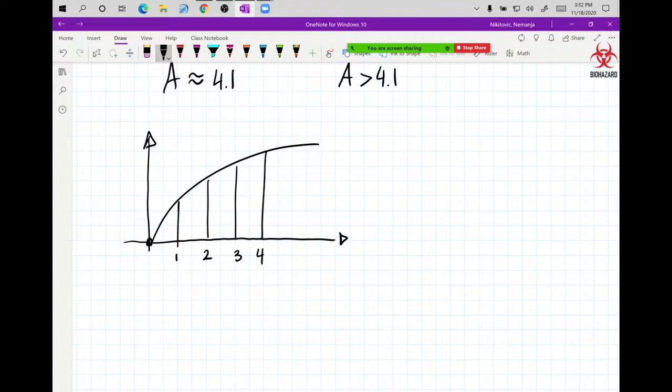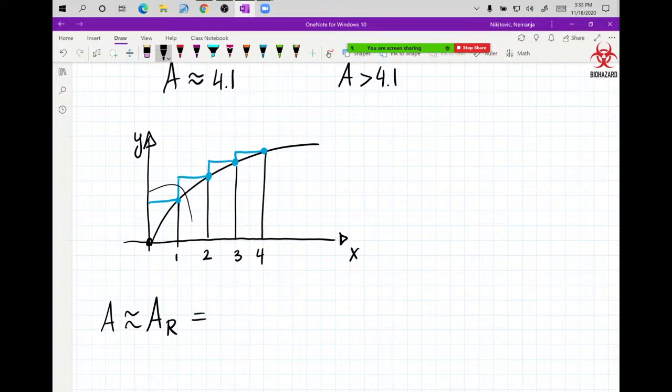But this time around, I'm going to go to the right point and create my rectangles. Cool. Area is approximated by right-hand approximation.